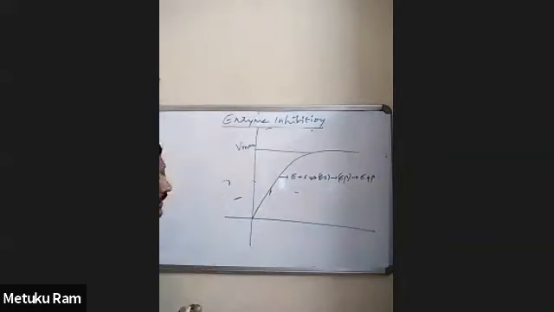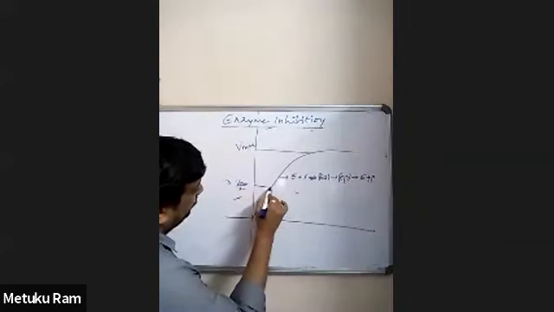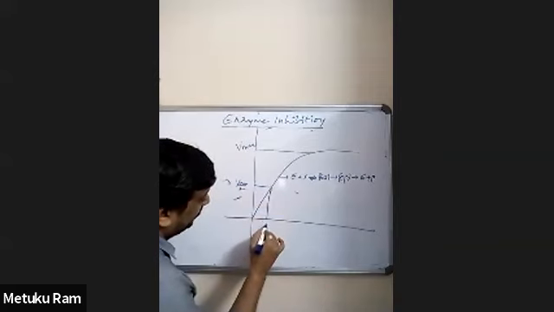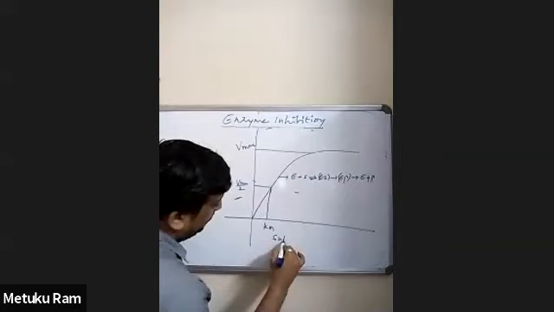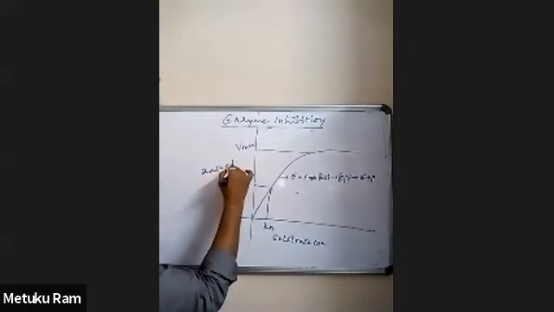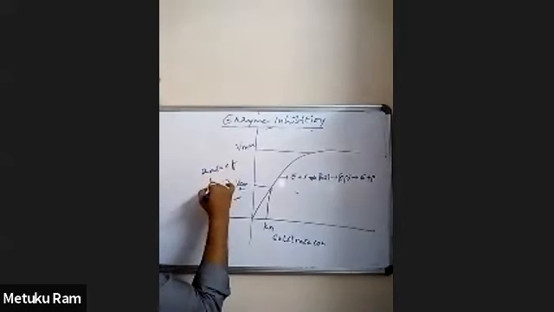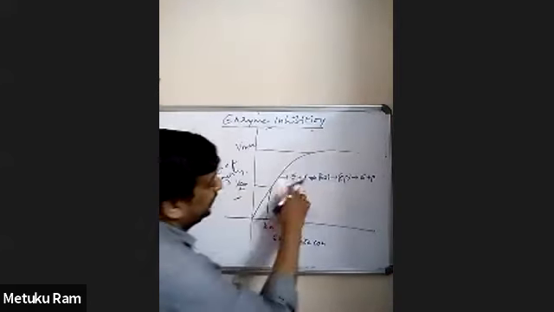This is the enzyme substrate reaction, right? So this is the Vmax by 2. This point of intercept, this value is what we call Km. This is the substrate concentration, and here the rate of reaction. Now this is for enzyme substrate.